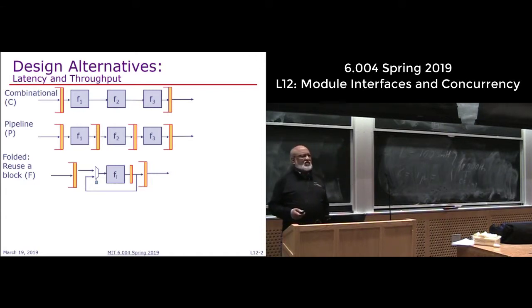If you contrast this with a pipeline version of the circuit, where all I have done is inserted two FIFOs in between stages of this combinational circuit, what you will find is the first one comes in, it goes here, and then the next one comes in, and simultaneously now you have two tokens in this system, red one and green one.